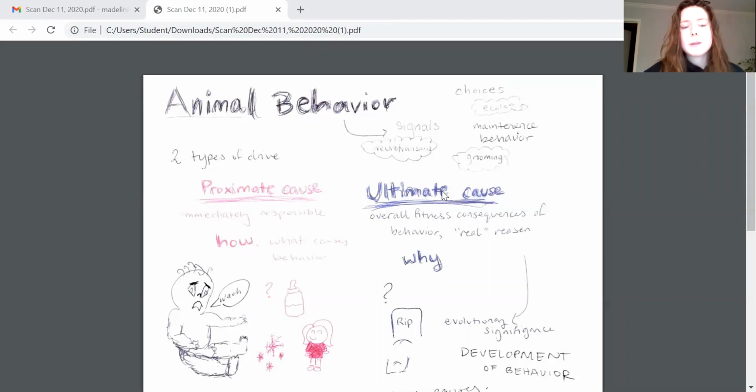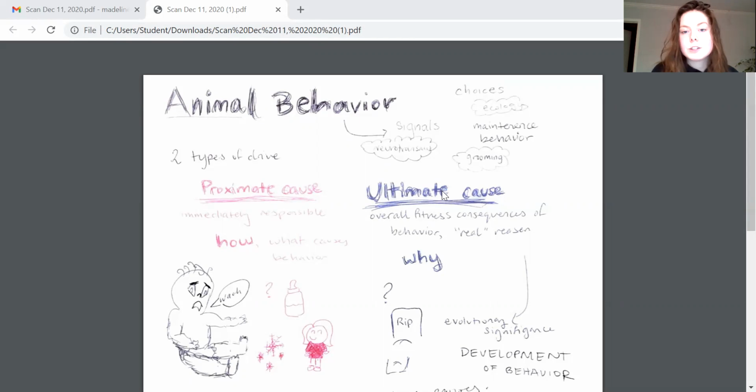There are two different types of drive or motivation for every animal behavior, and those are the proximate cause and the ultimate cause. A proximate cause is what is immediately responsible. We consider how the mechanisms work, as well as what causes the behavior, what the need was, and what this behavior fulfills.